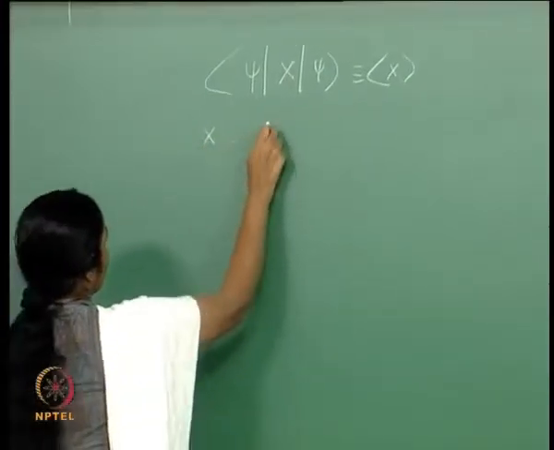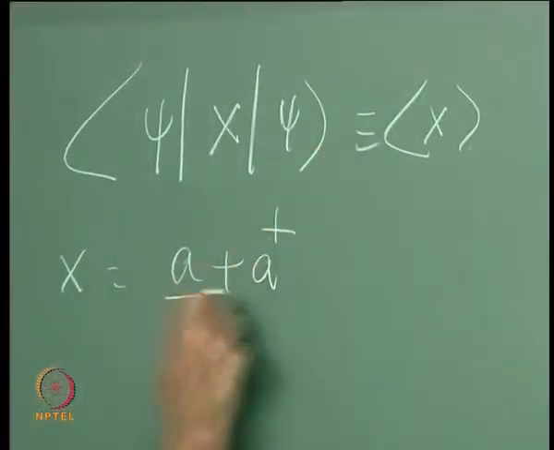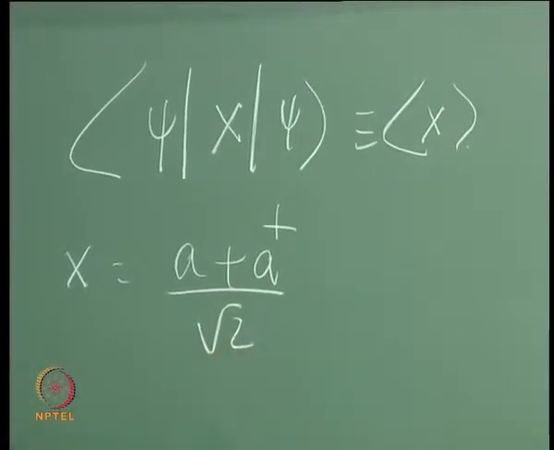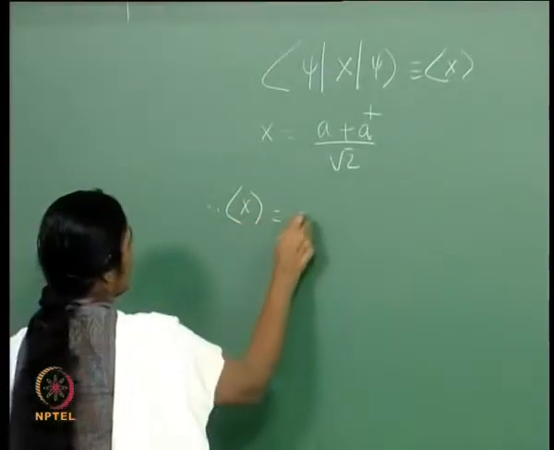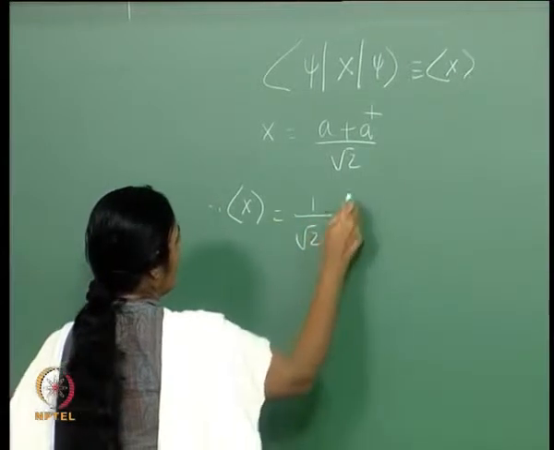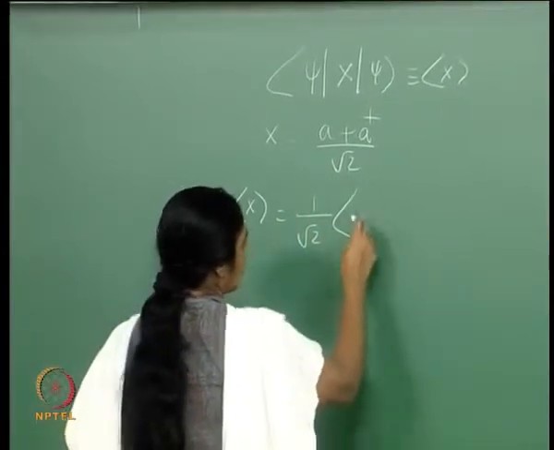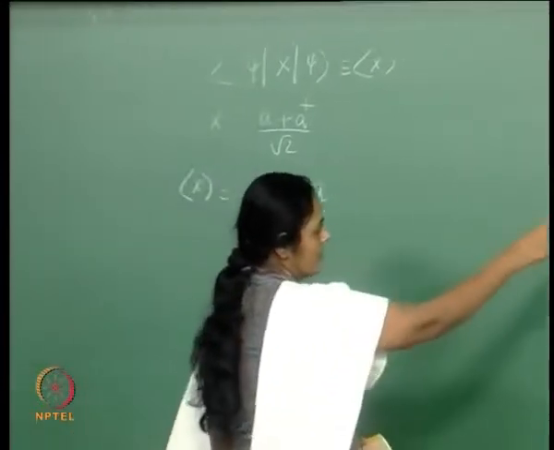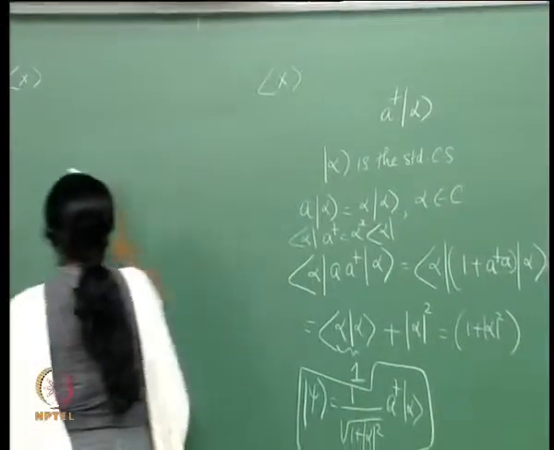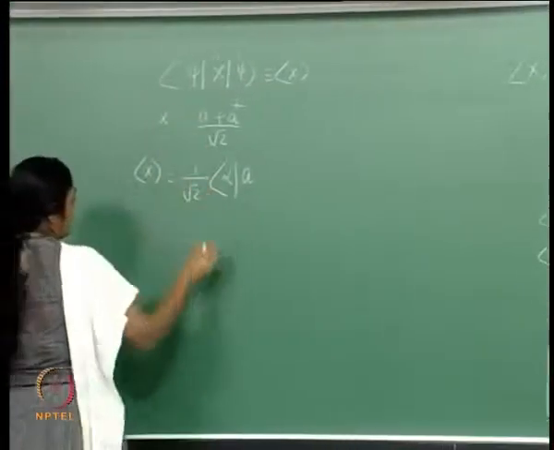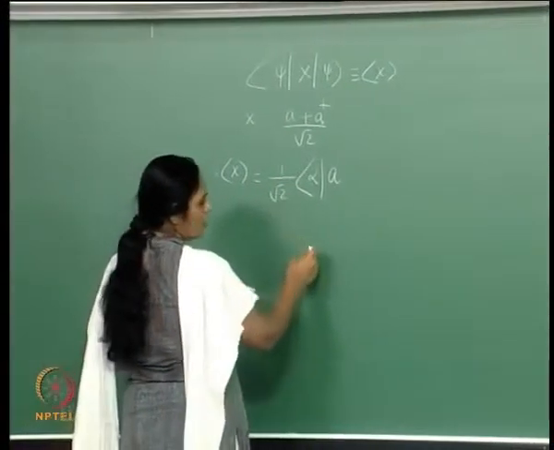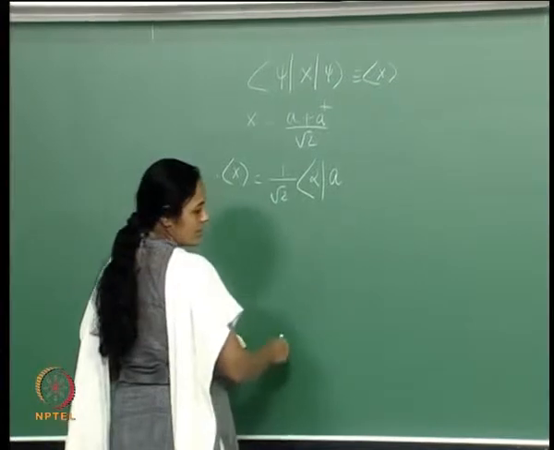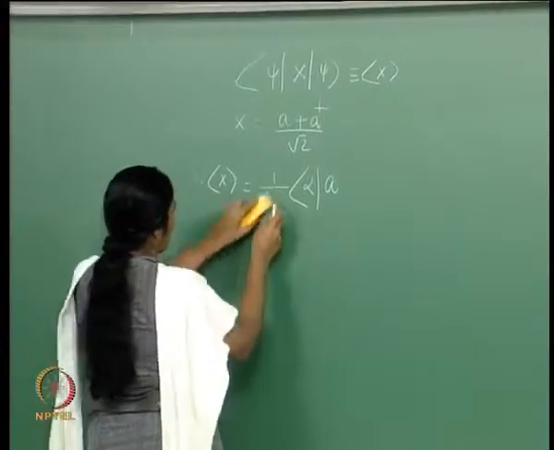But x itself is A plus A dagger by root 2, and therefore, the expectation value of x in this state is 1 by root 2, I have just taken the bra psi. Of course, there is going to be a normalization, and that is 1 plus mod alpha squared.